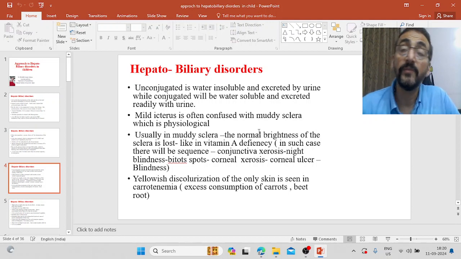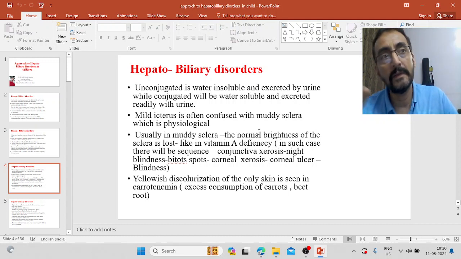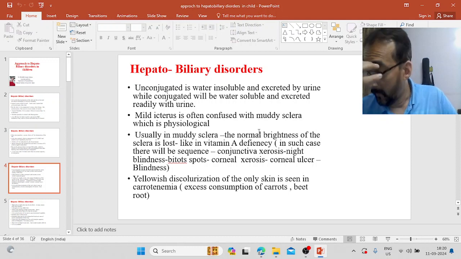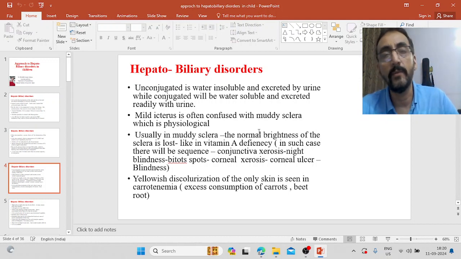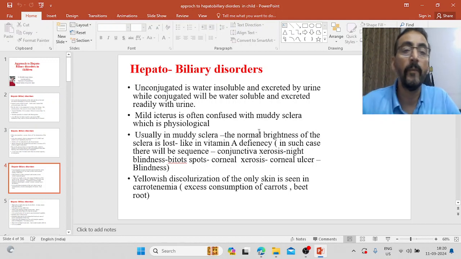So this is the problem. Therefore, it is brought to the liver, and the liver converts unconjugated bilirubin into conjugated bilirubin, making it non-toxic and water soluble. Once it is water soluble, it can be excreted, and then we get the color in the urine. So this is the reason.